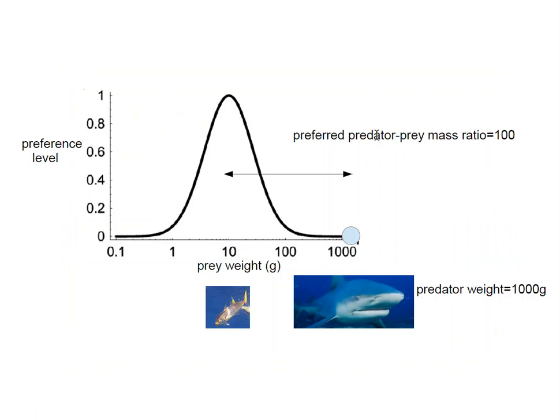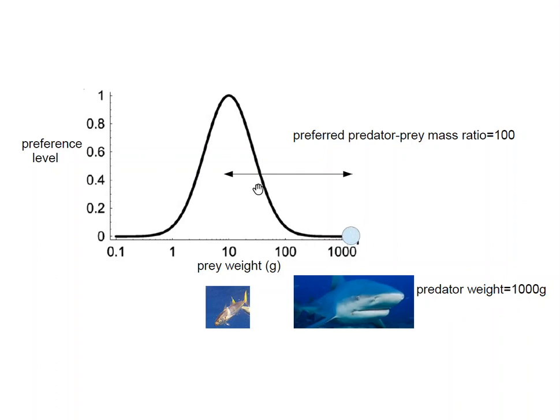So as I said, the predator-prey interaction is basically governed by this preferred predator-prey mass ratio. Okay, so here's an example. Let's say we have a predator that weighs 1,000 grams. I've indicated that by this spot here on this plot.